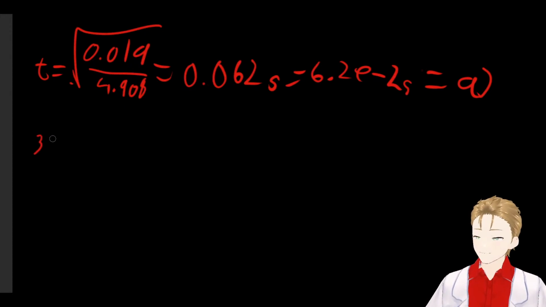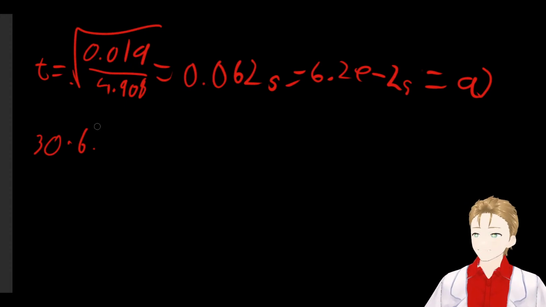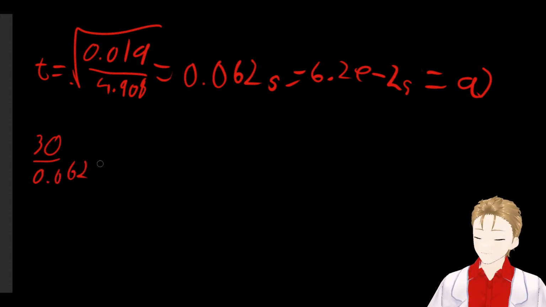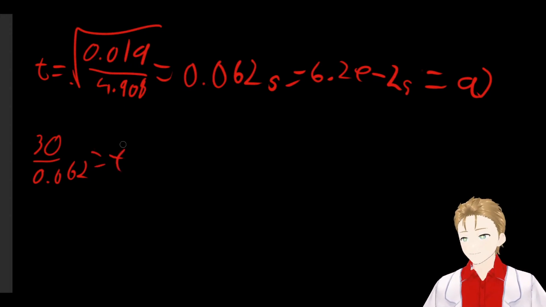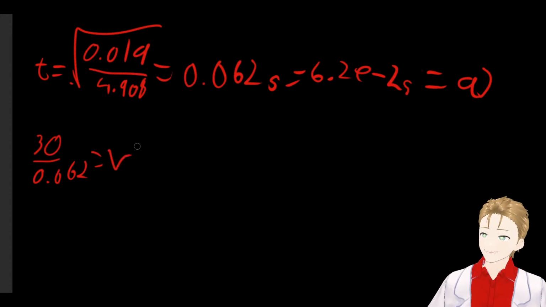Then we could do a checkpoint. We could just do 0.062, which is not time, but velocity. I think that's the average velocity, right?